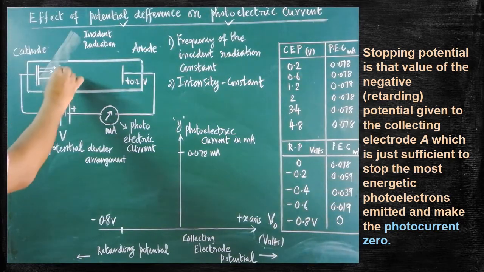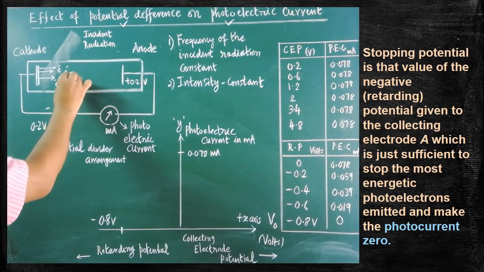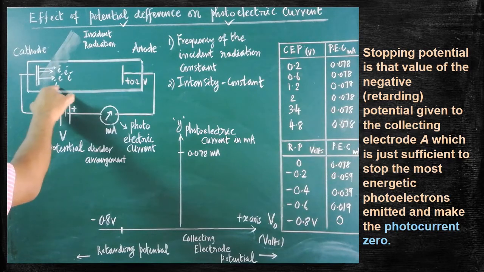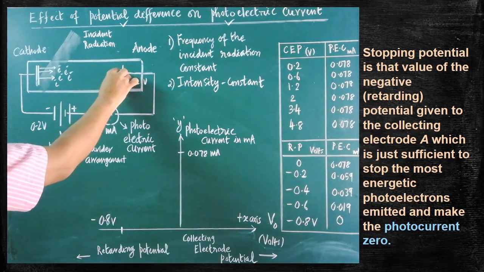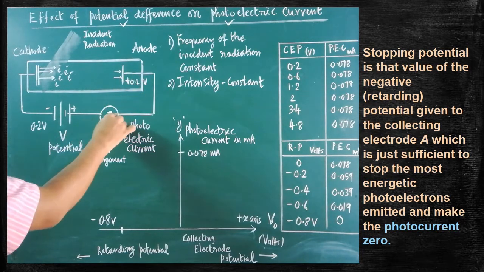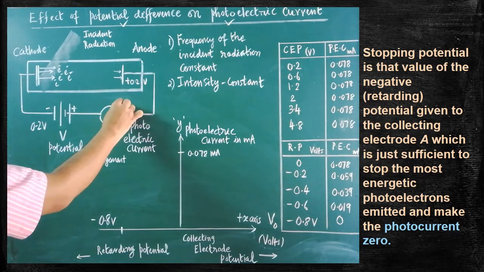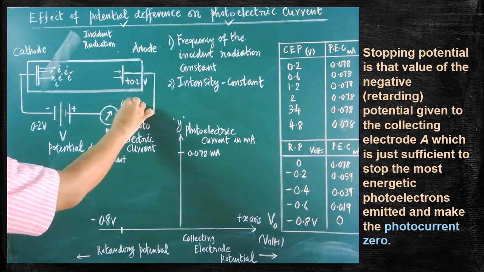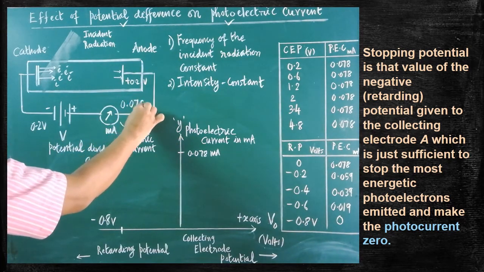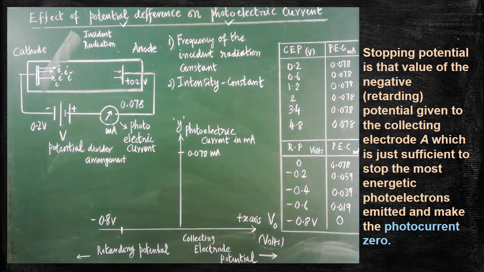Some amount of electrons will be liberated per second. For example, if 5 electrons are liberated per second, all 5 electrons will reach the anode and constitute a current. That current will be shown here. The respective current value shown by the milliammeter is 0.078 milliampere.